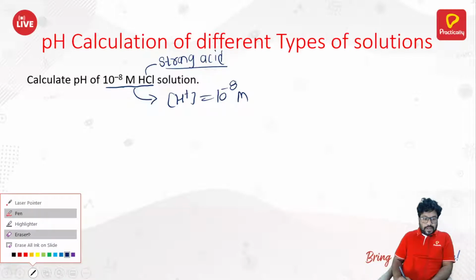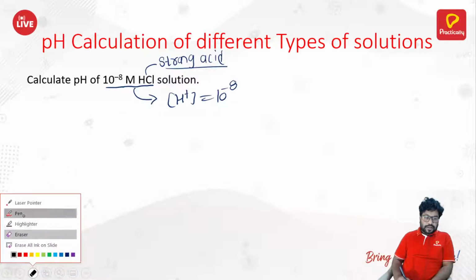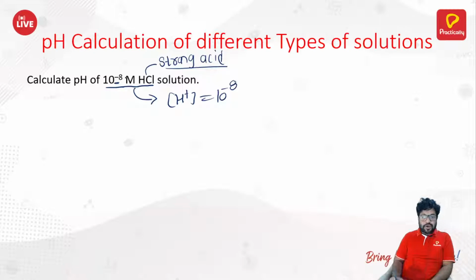Because the concentration of your acid is how much? The concentration of your acid is 10 raised to minus 8 molar, isn't it? So the H plus ion concentration would also be equal to 10 raised to minus 8. Now this 10 raised to minus 8 is surely less than 10 raised to minus 6 molar, isn't it? As I told you in the previous slide.